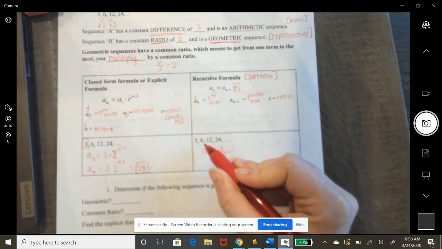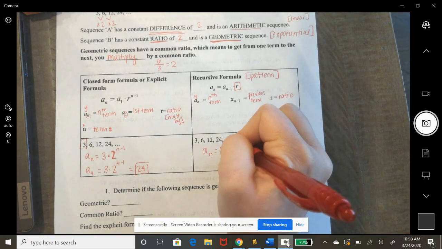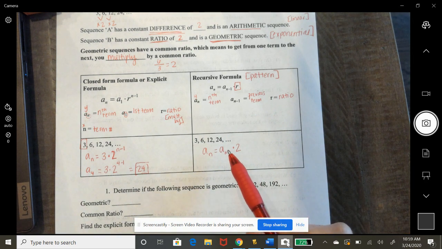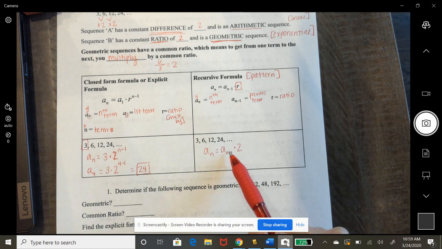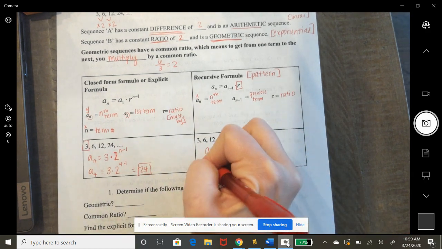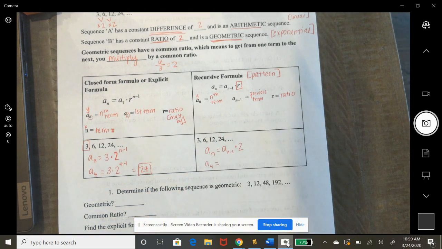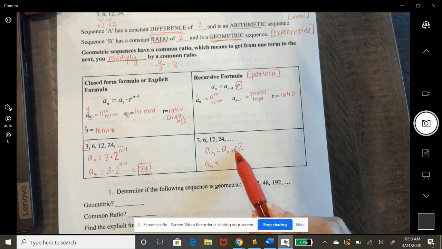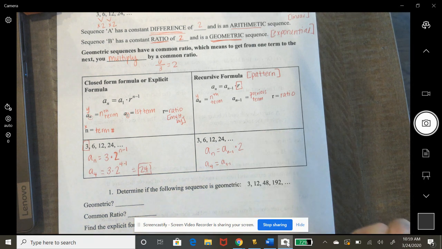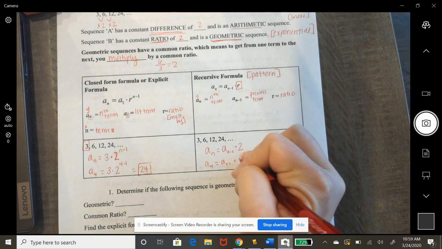So we know our common ratio is 2, so we would put times 2. Okay, so basically what this means is to get from one term to the next, we multiply by 2.